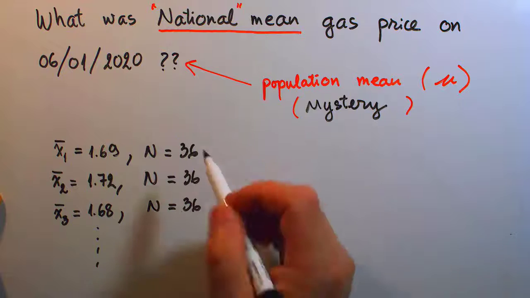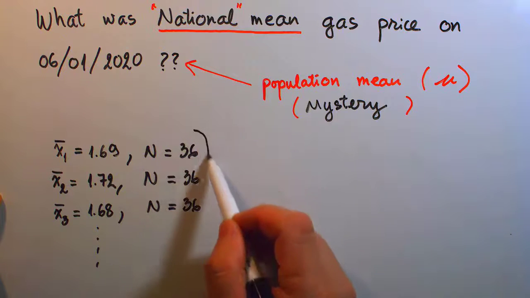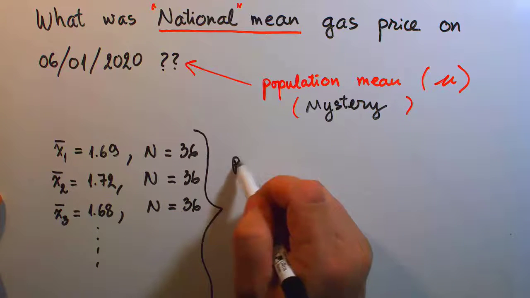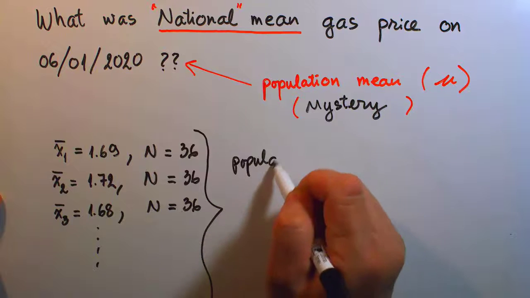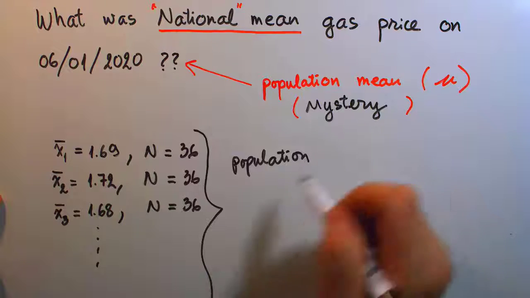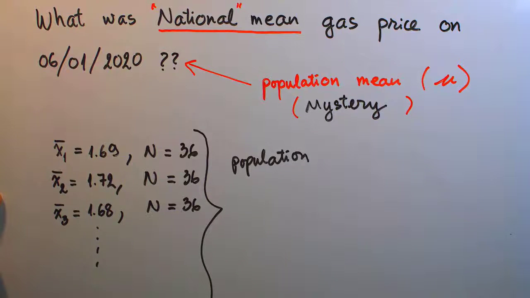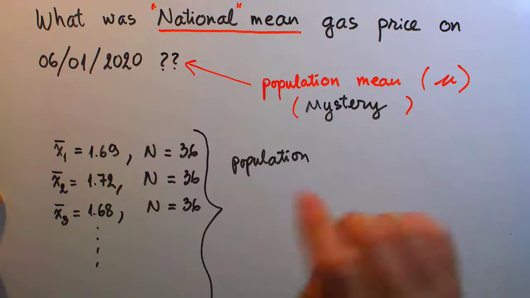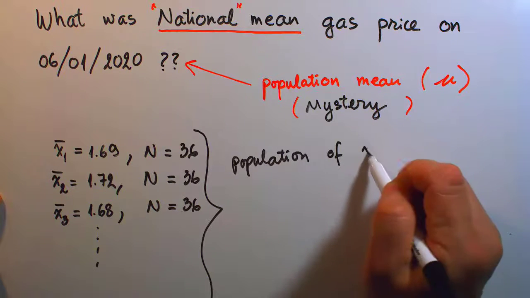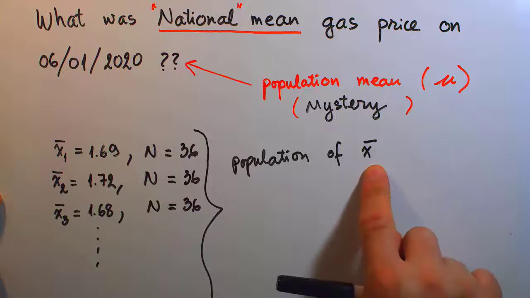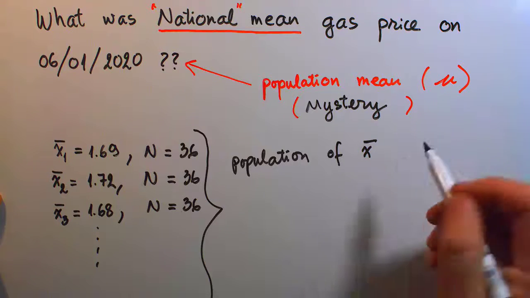So now, this is a population, and forgive me that I keep mentioning the term population, because a population gives rise to the next idea right here. But so this is a population of sample means, and our sample mean here is now being regarded as the data.